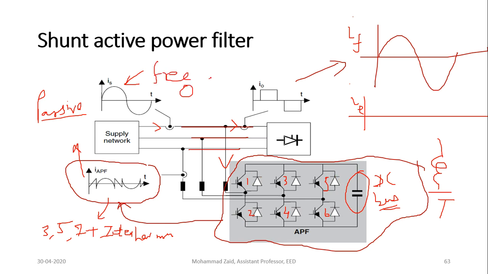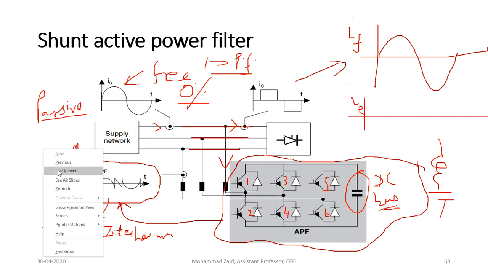That means THD is almost 0% and power factor becomes almost 1. So power factor also improves, because only the fundamental component is left, no other component. Whatever component of harmonics is 100% cancelled by the current produced against the harmonic current produced by the load. So this is known as shunt active filter, because it is connected in the shunt part.